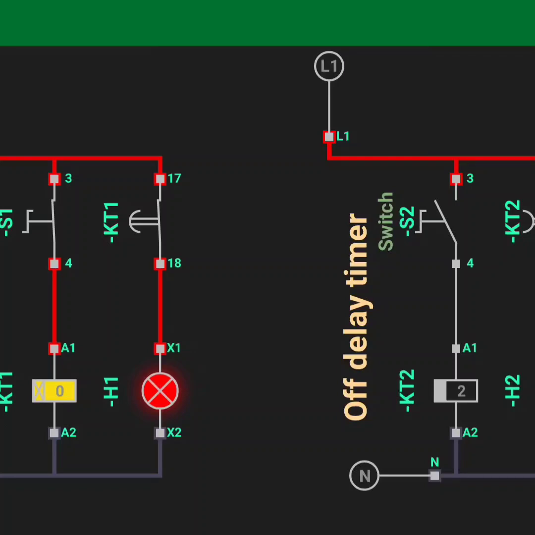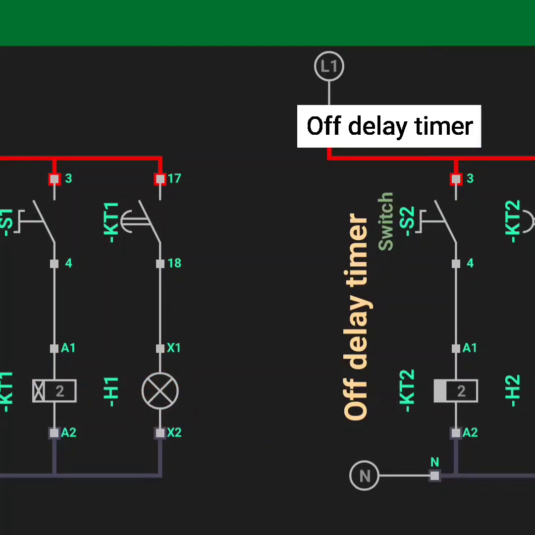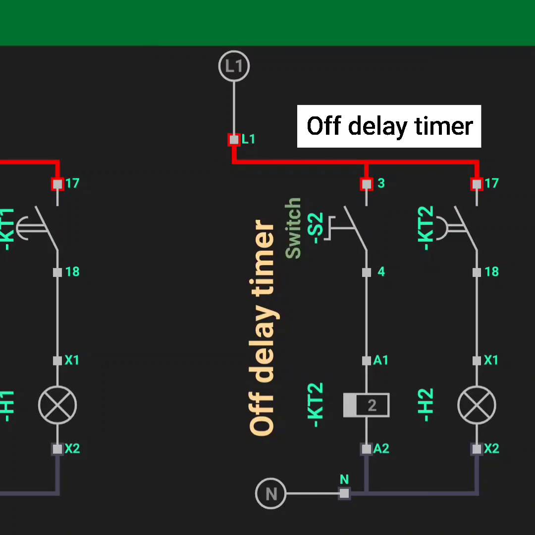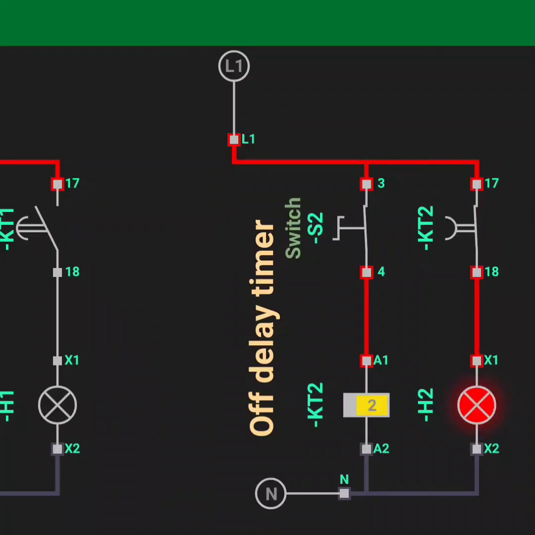I'll switch off this timer. See off delay timer. See minutely what happens is, I'll enable switch S2 to the timer coil KT2. See what happens is, see output has immediately come on.